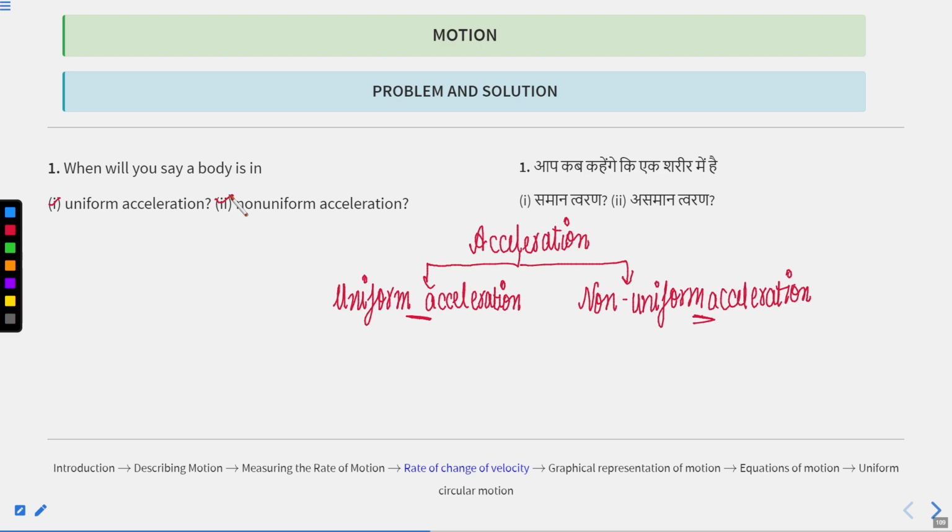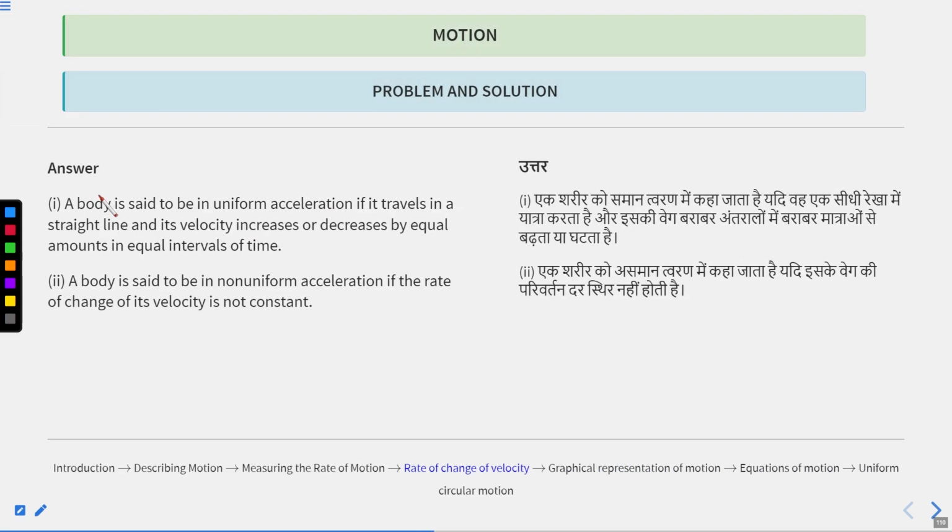So let's see its detailed solution. A body is said to be in uniform acceleration if it travels in a straight line, if we are constraining ourselves to one direction, and its velocity increases or decreases by an equal amount in equal intervals of time.